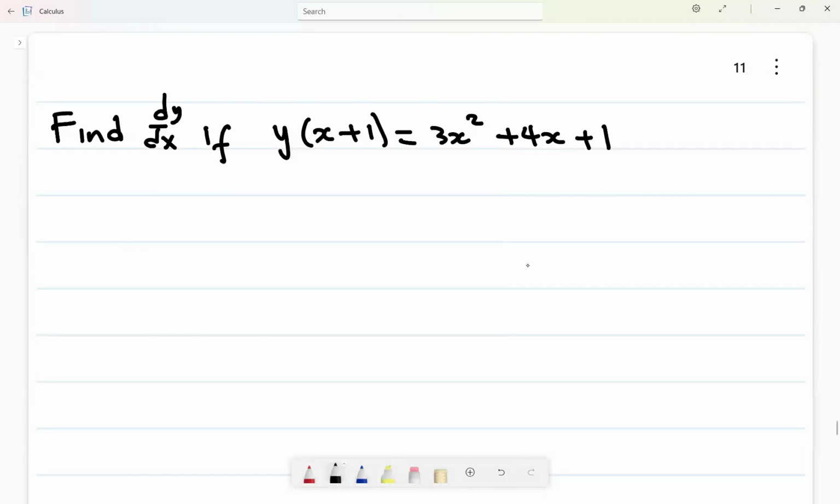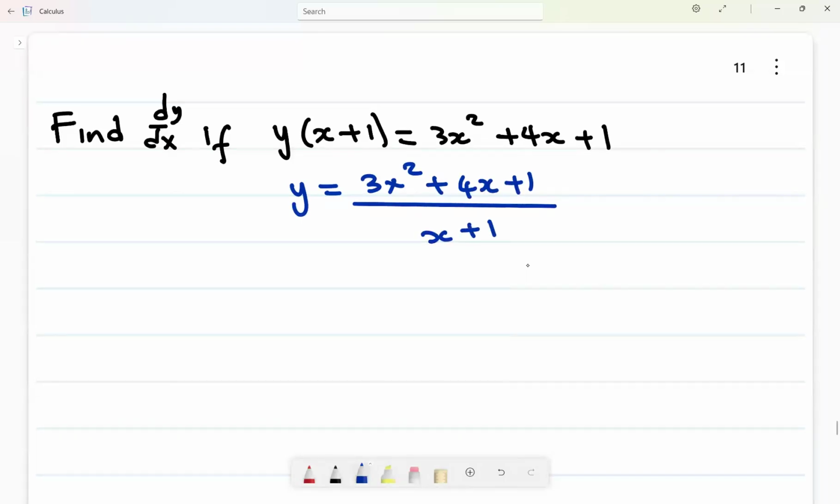Okay, this is where now the catch is at. But remember, what does the examiner say? The examiner says derive y. What you are deriving should be the subject of a formula, meaning now I should make this y the subject of a formula, meaning I should say y is equal to 3x squared plus 4x plus 1 divided by x plus 1.